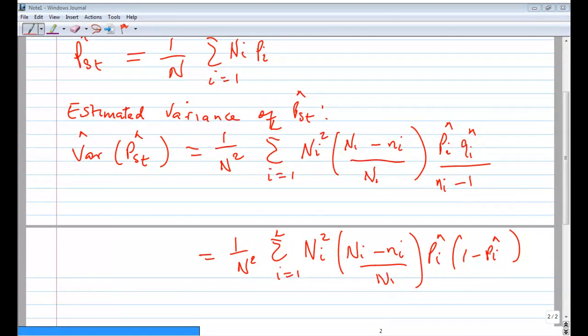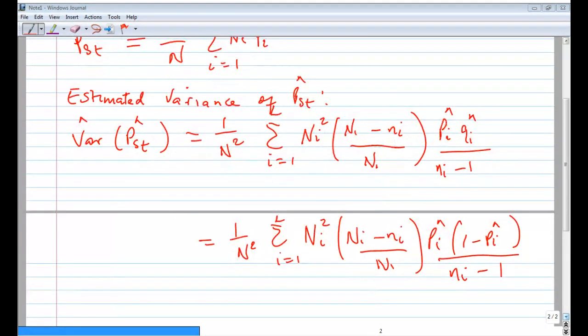You know that qi is the same as 1 minus pi hat. Then you divide everything here by ni minus 1. So it's the same as the one above. This is the formula that you can use to estimate the variance of the estimated population proportion under stratified random sampling.